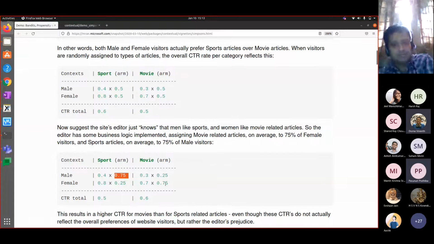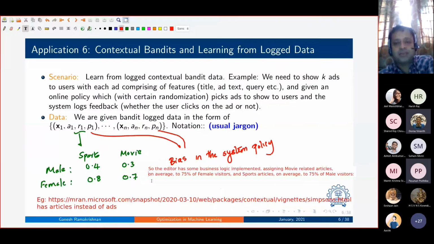Just because women tend to give higher scores, even though they seem to have preference for sports, movie seems to have overall higher weightage because 75% of the movies were shown to females and not to males. So overall, the CTR for the movie arm is higher. That's the problem.